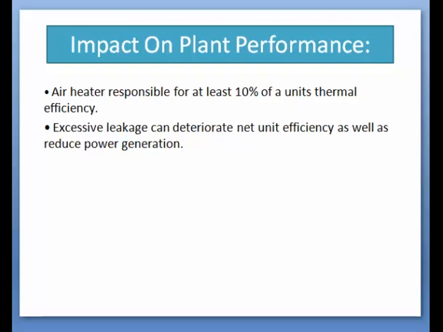Apart from this, it lowers the fan margin and lowers gas exit temperature due to high leakage, and because of this extra air mixing with the flue gas, at the outlet of the air preheater the volume of flue gas will increase, and ultimately that has to go to the electrostatic precipitator, and it affects the performance of ESP also.